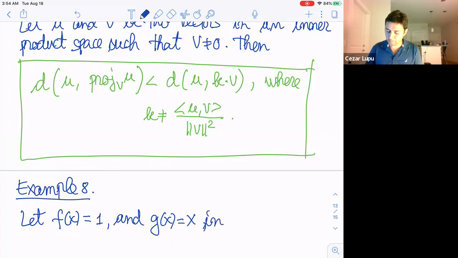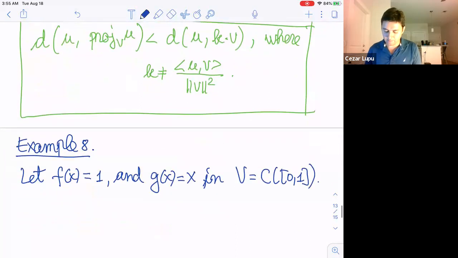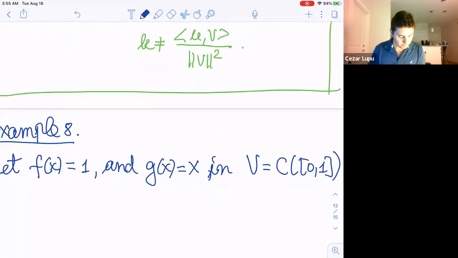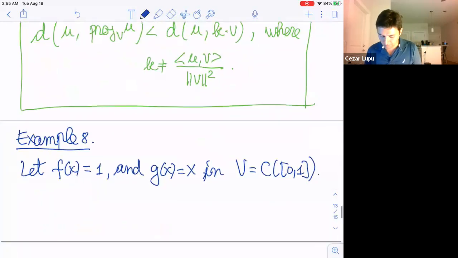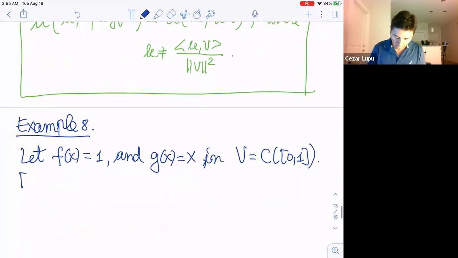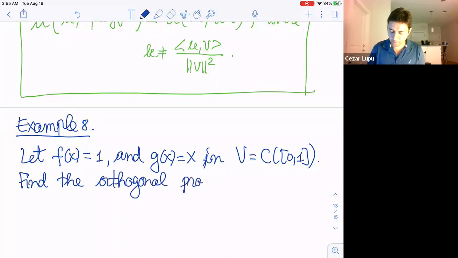And in my vector space, like I said, C of [0, 1]. Now what we want to find is the orthogonal projection of f onto g.